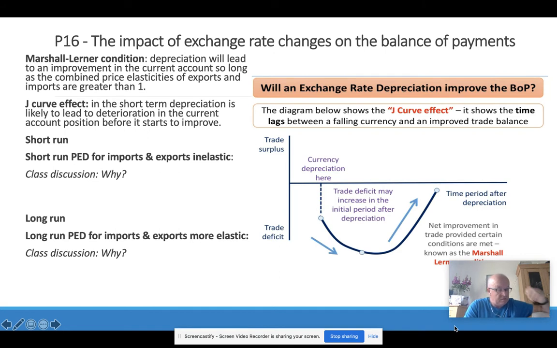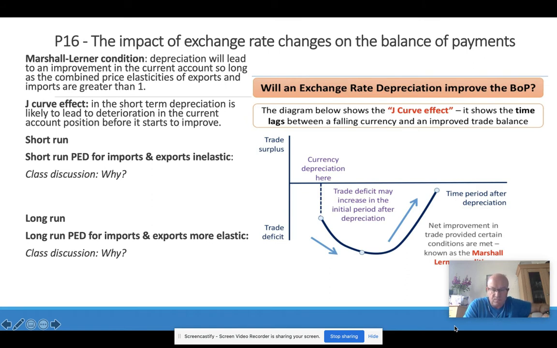So first things first, we need to look at this first theory, which is the Marshall-Lerner condition. About a quarter of the way down the page in your booklet, it gives a fairly concise definition of what the Marshall-Lerner condition is.